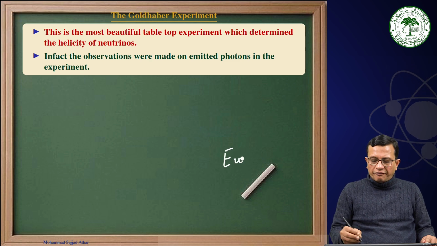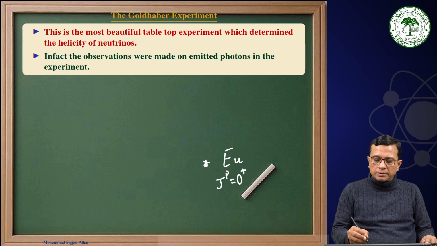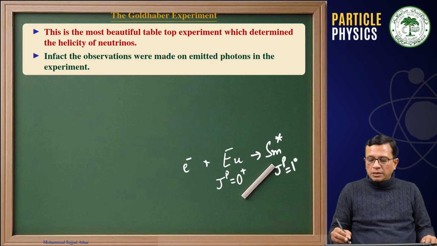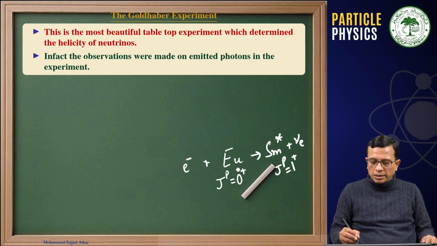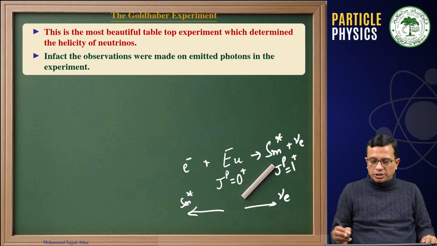europium nucleus with spin 0 and parity even was taken, and through an electron capture we had a samarium star with spin 1, and besides that a neutrino was emitted. Therefore, this reaction gave rise to samarium star and neutrino in exactly opposite directions.